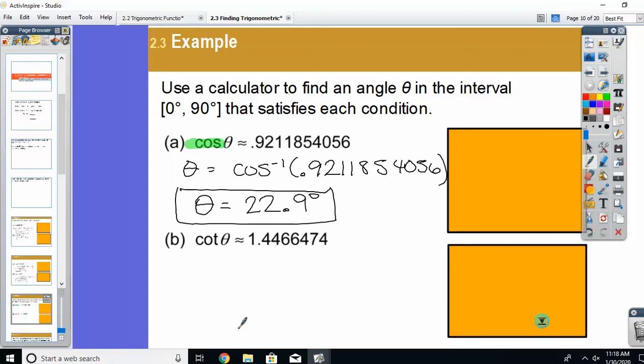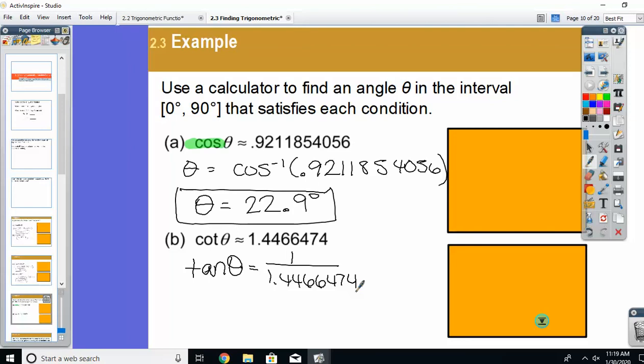So the very first step, I have cotangent. My calculator has tangent. So if I know cotangent, how would I get tangent? 1 over this. You have to do this first. If you try to do it later, it will give you the wrong answer.